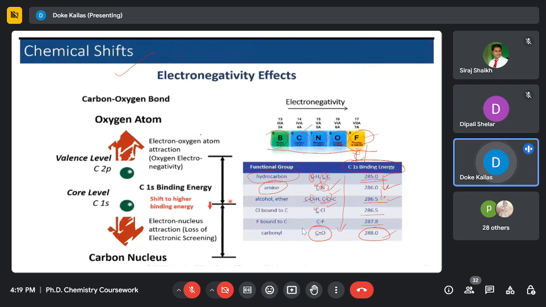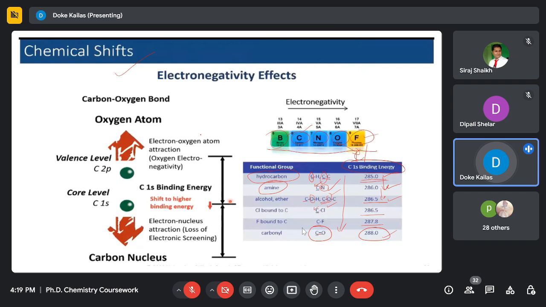On one side of the polymer chain there is oxygen, and on the other side there is carbon. One side carbon, one side oxygen, which has a 1s binding energy of 287. The difference is 2 electron volts, and 2 electron volts is a big number in the analysis of any sample material or research material.